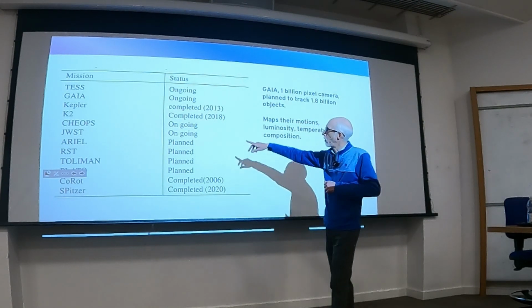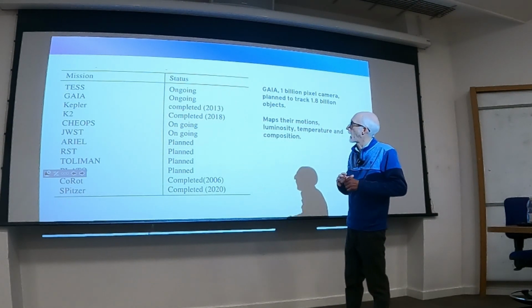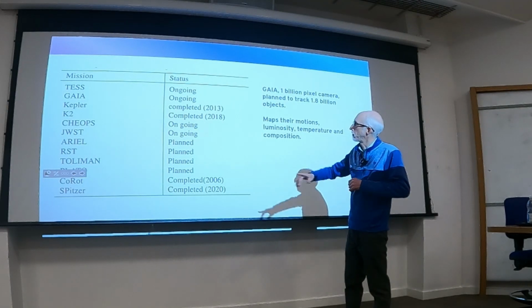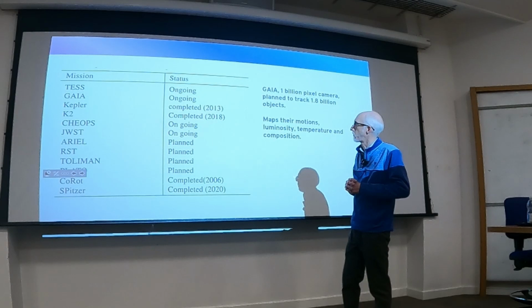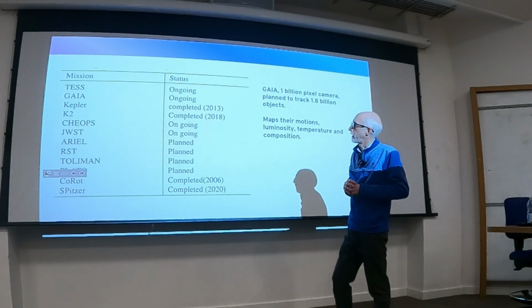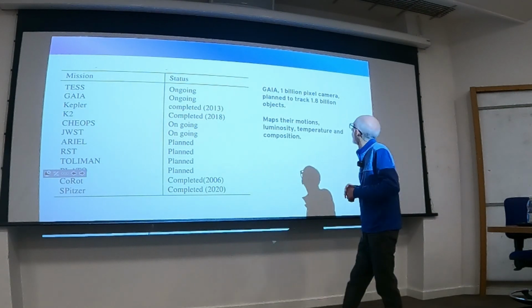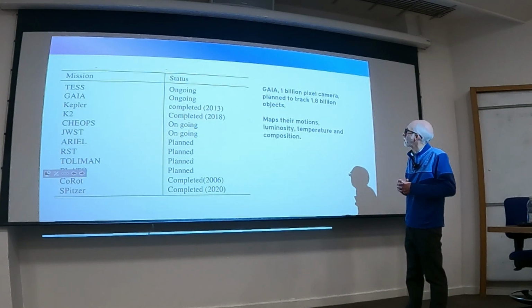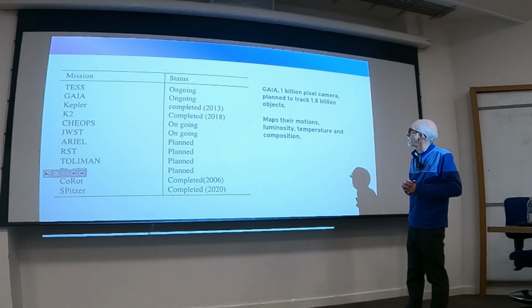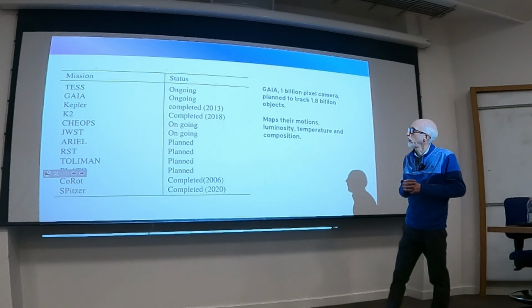But there's more missions planned. I don't really know the details of those, but I'll make the slides available, so if anyone wants to look them up, I'm sure they're very interesting. Yeah, so Gaia will undoubtedly add hundreds, if not thousands, of new exoplanets to the database. It maps their motions, their luminosity as well.